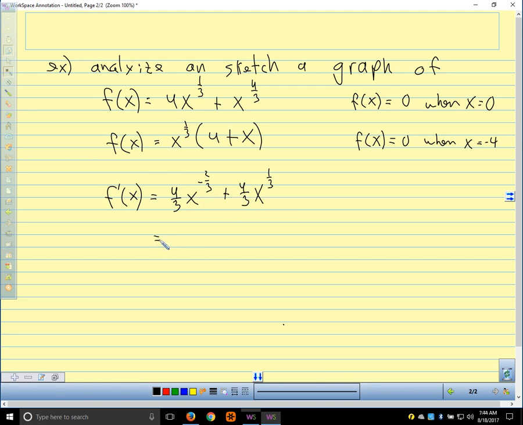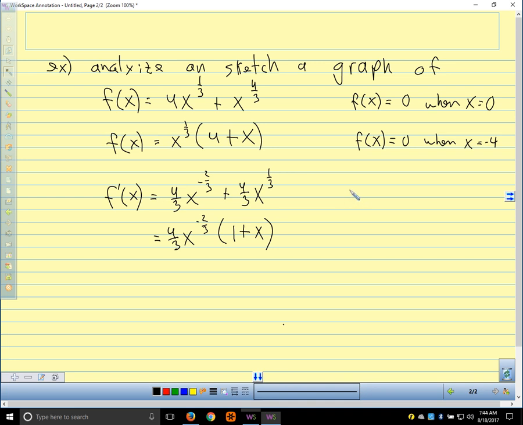So I'm going to say that equals 4/3 x to the negative 2/3 times 1 plus x. All right, so now we can find our first pair of critical points.